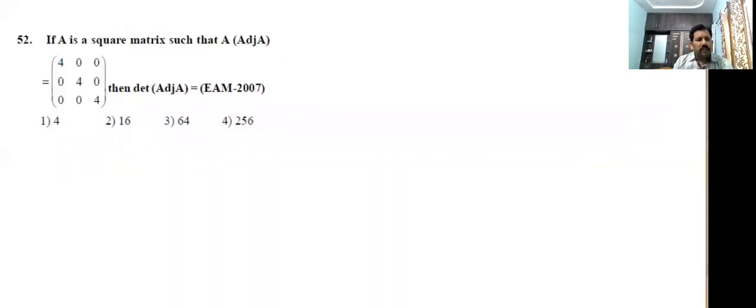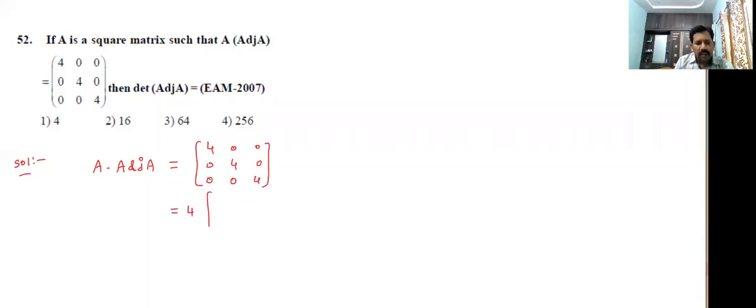Question number 52. What is given here? A into adjoint A is given, that is 4 0 0, 0 4 0, 0 0 4. Now take 4 common.